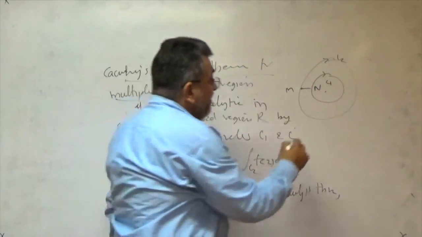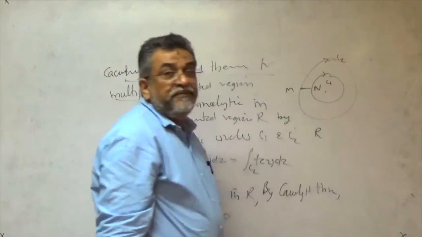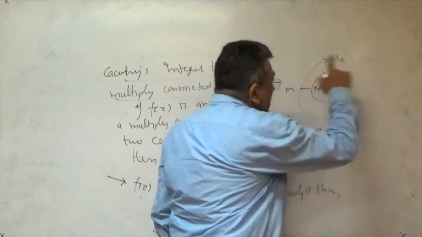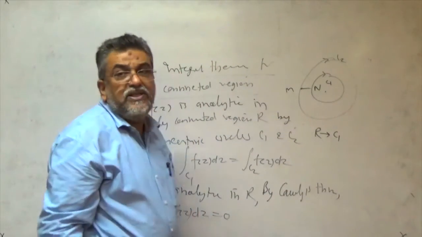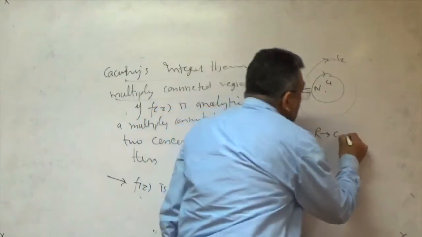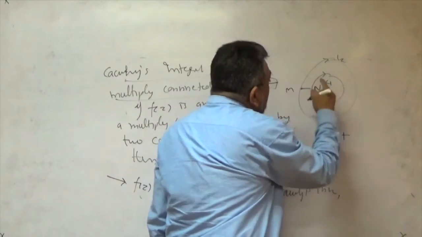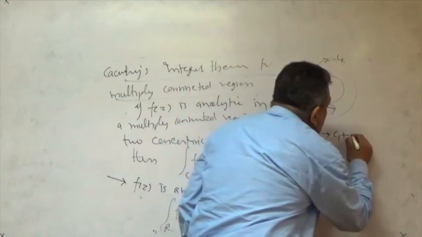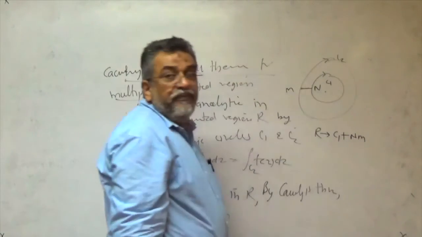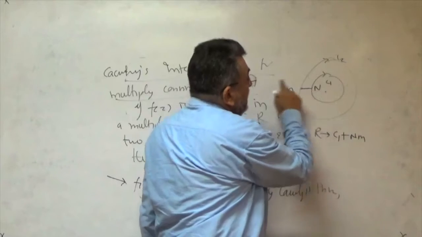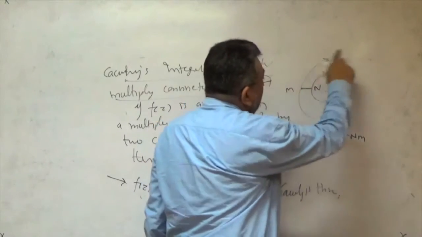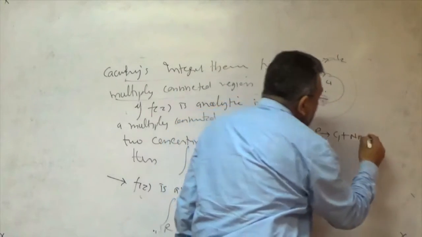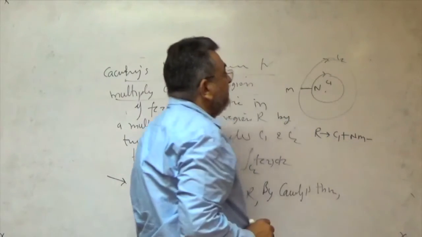Now, what is R? From the figure, if we start with C1, then R is the first curve. If we take this clockwise C1, after completing this circle, then if we take this cut, this is NM. C1, then NM, then again from here, this is NM, and then C2, right?